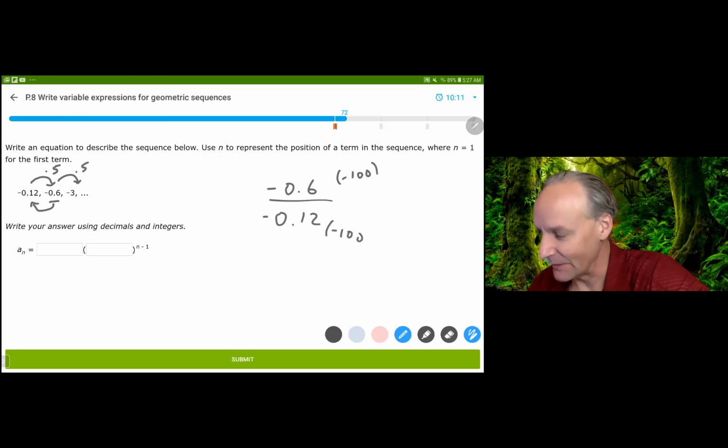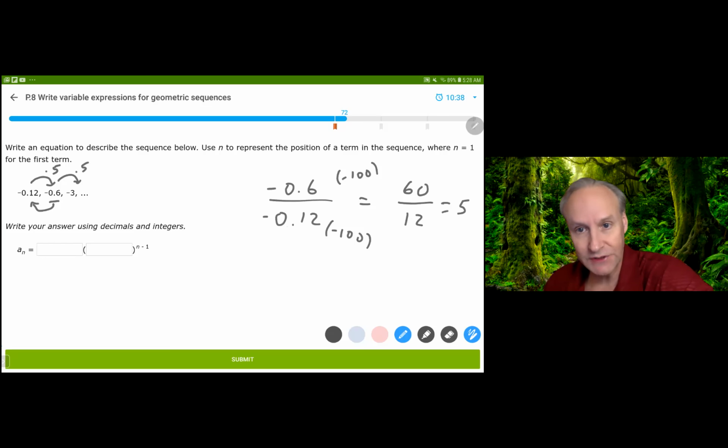I didn't have to multiply by a negative. I could have just realized that a negative divided by a negative is a positive. But I'm going to be very formal in this. I'm going to multiply the top and bottom by negative 100. And look what happens. It moves the decimal 2 places and gives me positive 60 in the numerator. And in the denominator, I get positive 12. And 60 over 12 is 5.